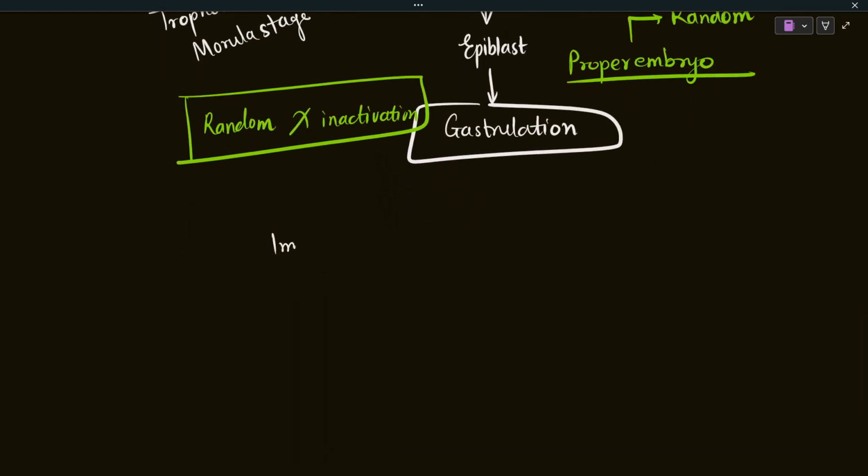Okay, so just to summarize, imprinted X chromosome inactivation is seen in marsupials, the primitive mammals. Marsupials have imprinted X chromosome inactivation in all of the developmental stages. Then it is also seen in humans, but only till the morula stage.